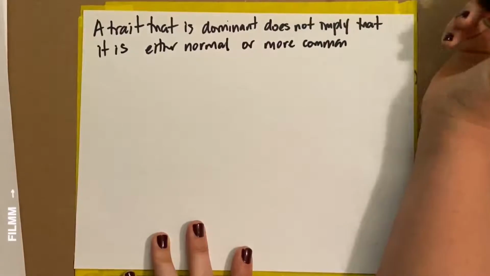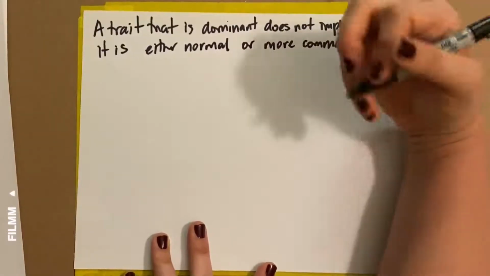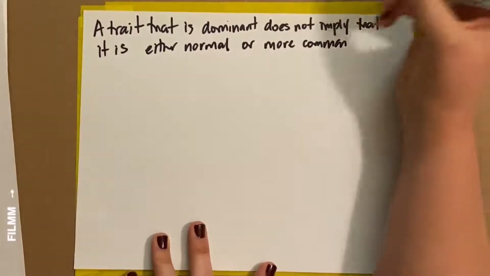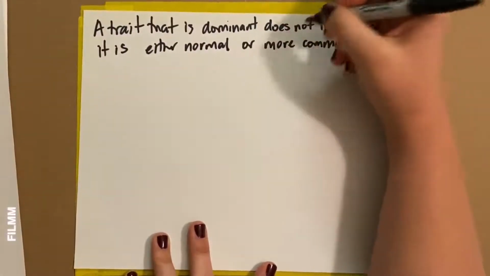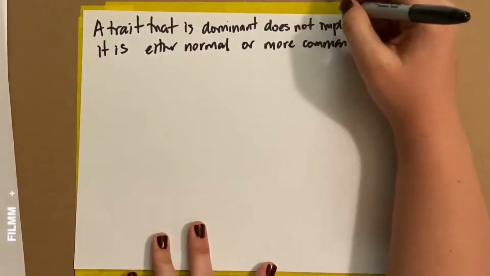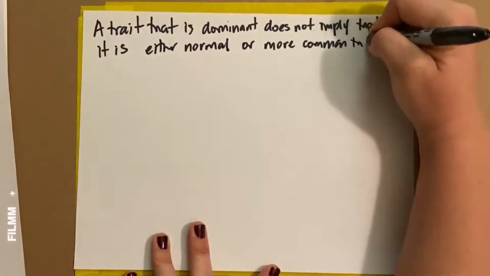In the case of brown eyes, they are completely normal and also more common, but there are other examples that are not. There are certain times where we have a dominant allele that is not common and is actually less common than a recessive.